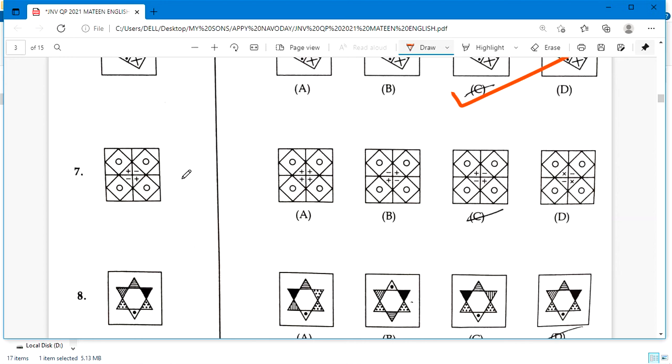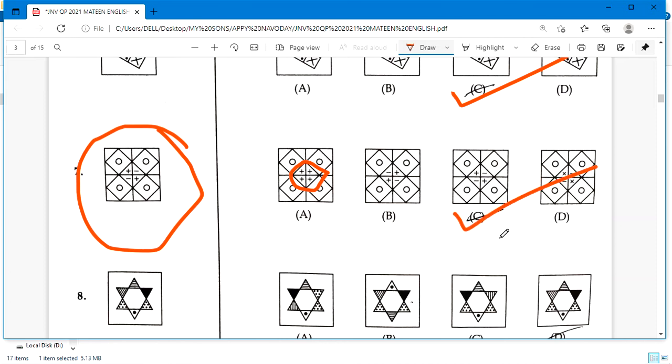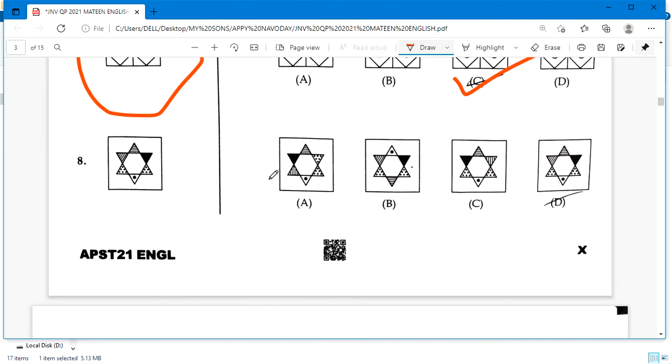Just observe this figure and we have to find the same figure among the 4 figures. Option A is different from this figure because it includes in between plus 4 plus, and this one also does not tally because it's not similar, and this one is exactly similar. So option C is the correct answer.